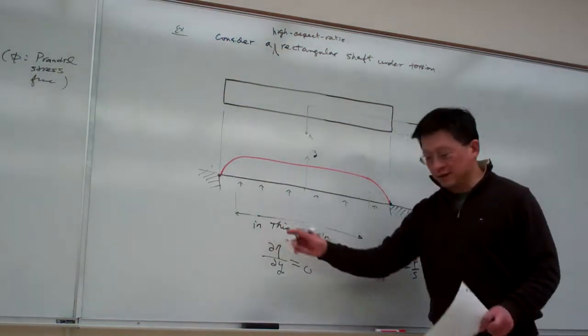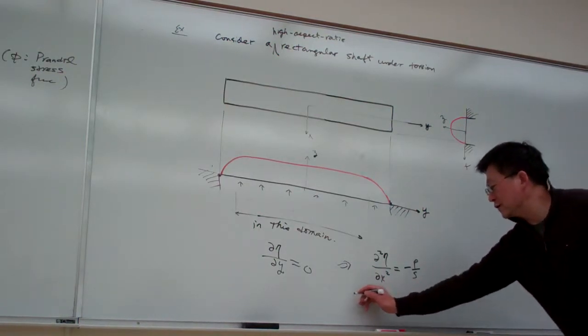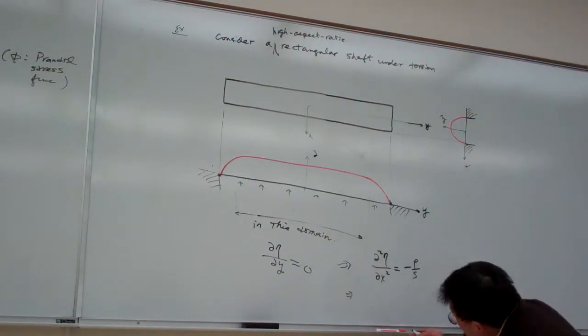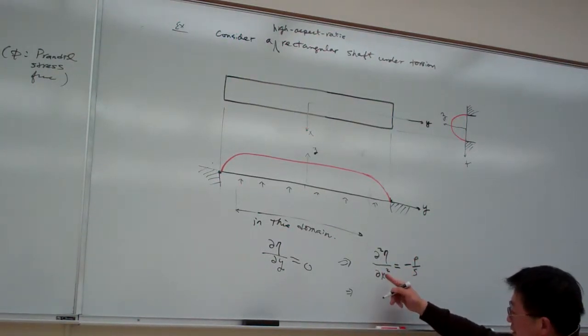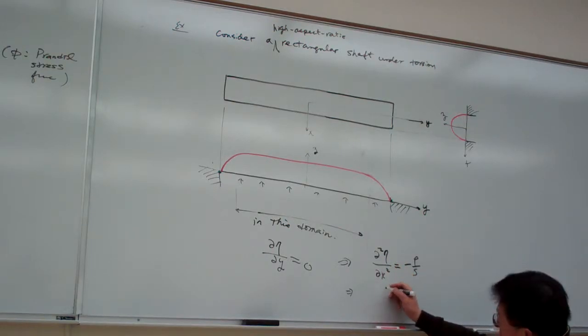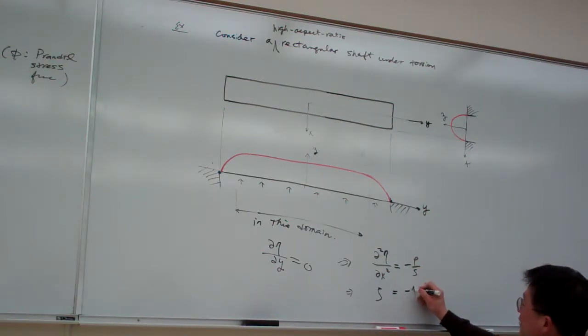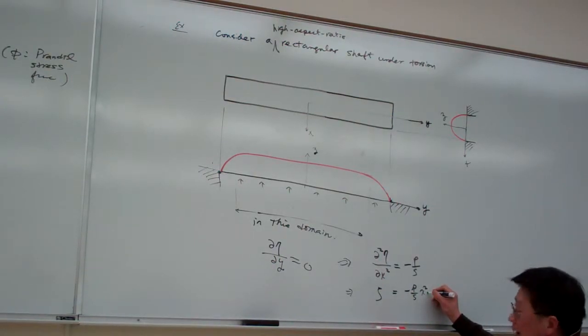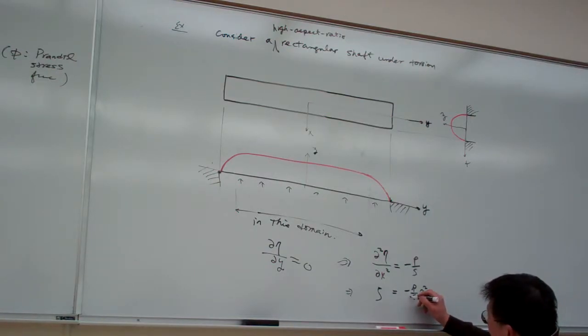Again, here we focus in this domain. For this case, we can solve for analytical solutions, and this is only a single-variable ordinary differential equation. So solving for this one gives minus p over s times x squared over 2, plus A x plus B. I'm kidding, whatever.